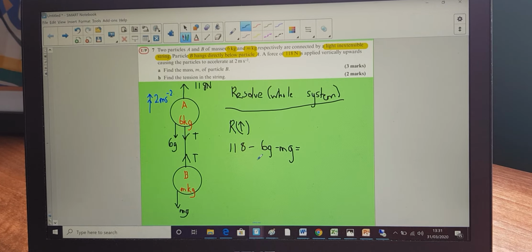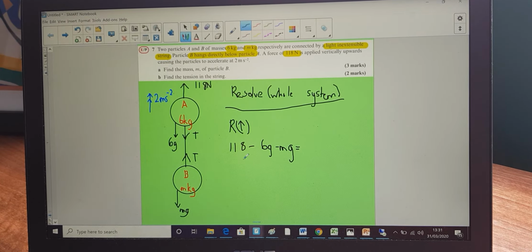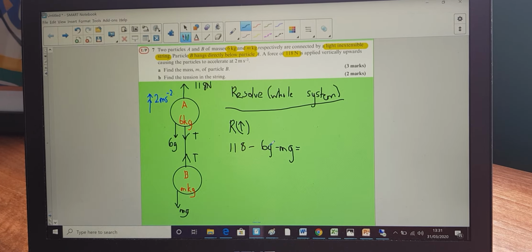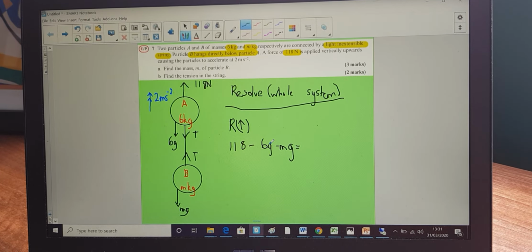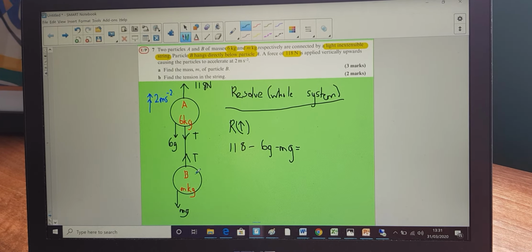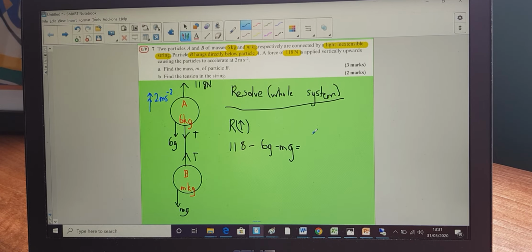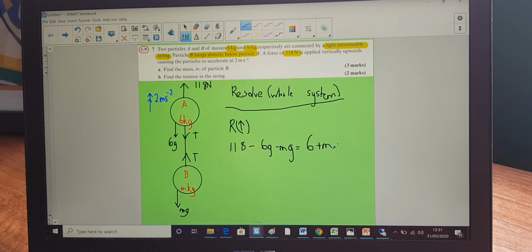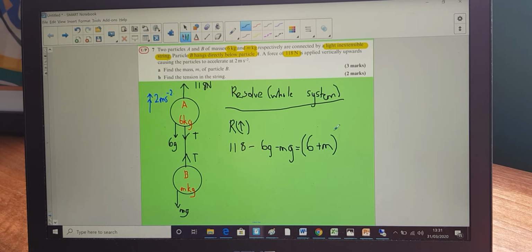So this is essentially the total force. I know that force is equal to the total mass times the acceleration. The total mass is going to be 6 kilograms plus m kilograms, because I'm looking at the whole system, times the acceleration, which in this case is 2.